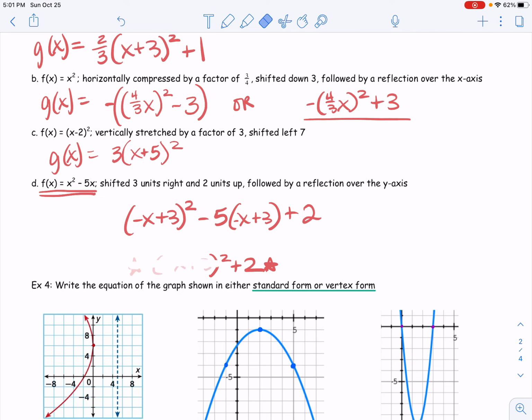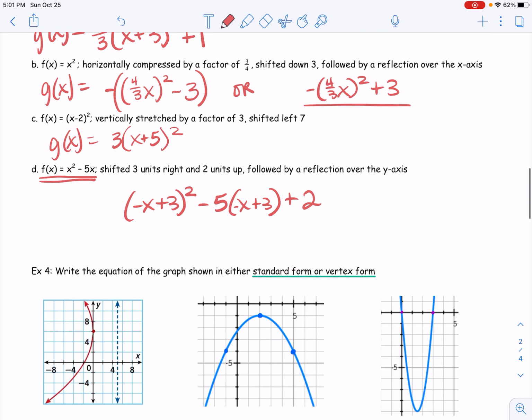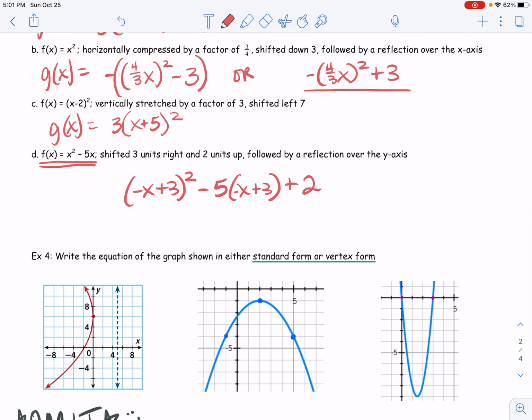And so now what I can do is expand and simplify this. This is going to give me positive x squared minus 6x plus 9 minus, well, really negative 5 times negative x is positive 5x. Negative 5 times a positive 3 would be negative 15, and then plus 2.